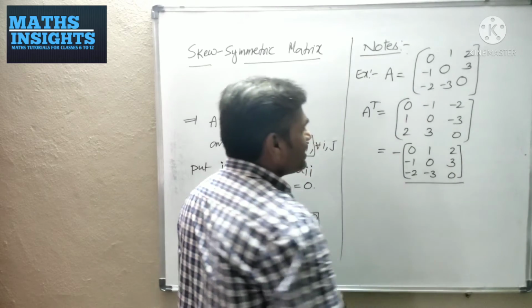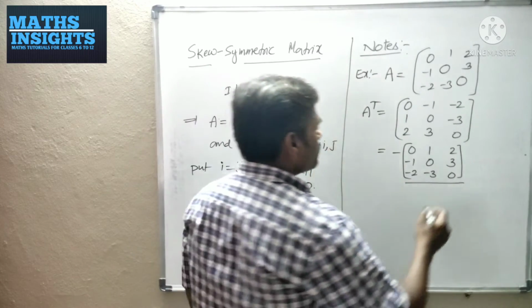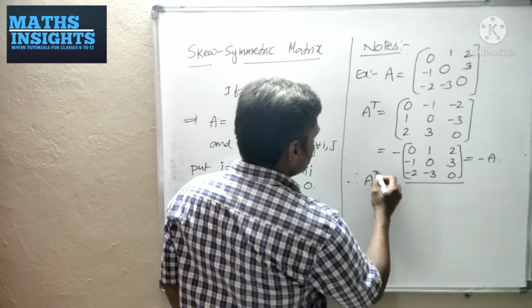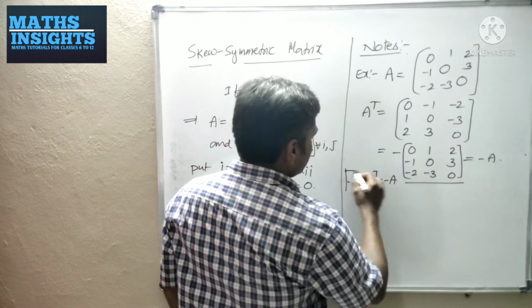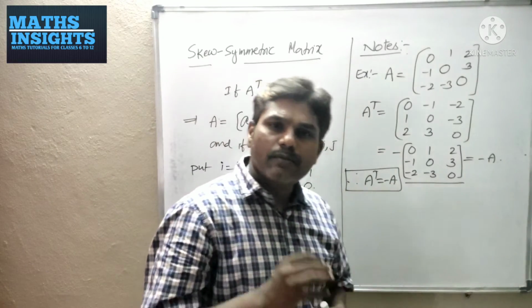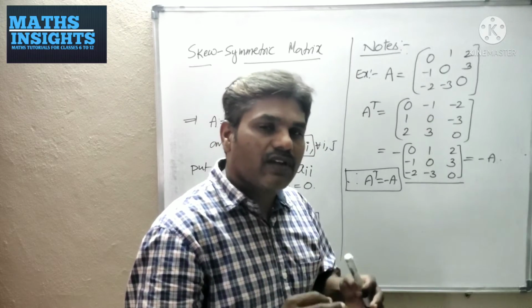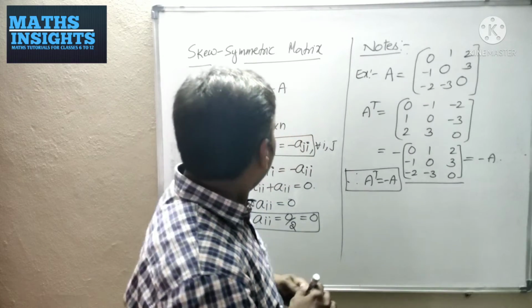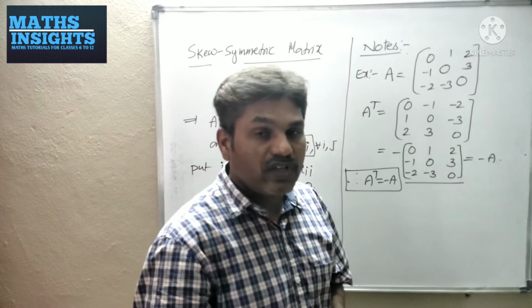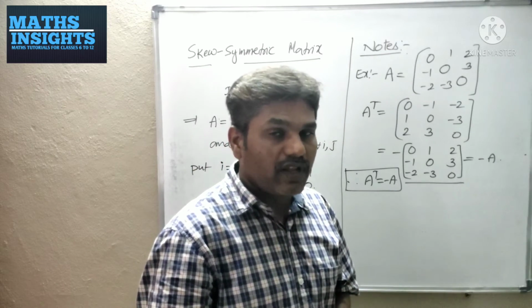See, if you observe, this is nothing but minus A. Therefore, A transpose is equal to minus A, which means this is a skew symmetric matrix. Very simple. Be careful in taking an example for a skew symmetric matrix. You have to take the elements as 0 in the principal diagonal.